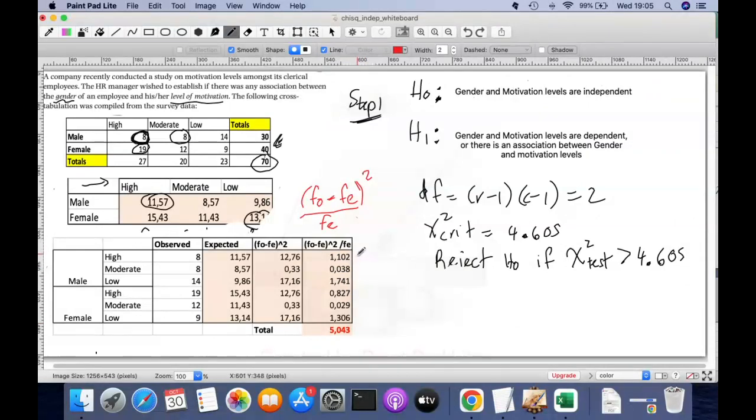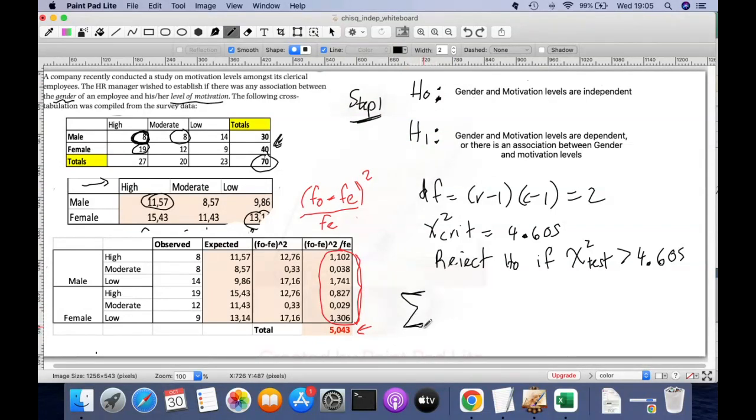All you need to do now is add up all these values, sum them up in this last column. Everything I'm encircling, you add up these values. If you add that up, you'll get a value of 5.043. Here's the total. Mathematically, the sign for summation in mathematics is this symbol here.